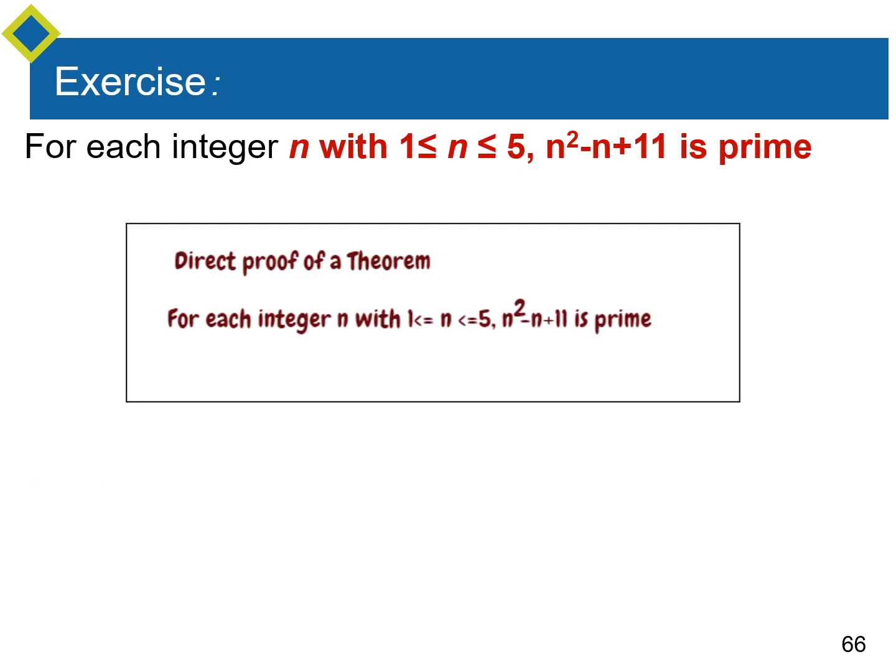Okay. For another exercise, for each n with n greater than 1 and less than 5, n squared minus n plus 11 is prime. So how do we use a direct proof of a theorem?